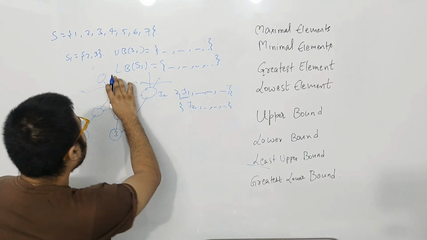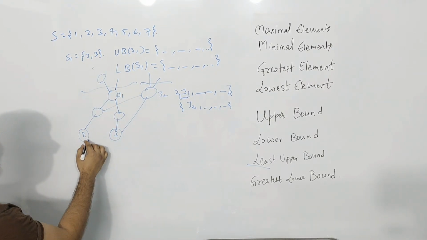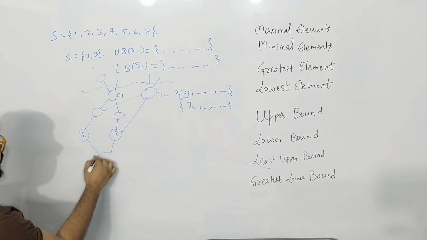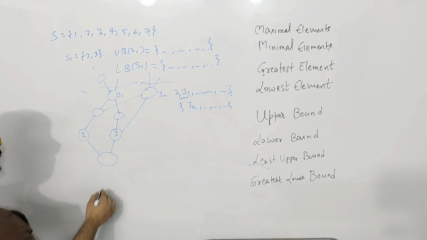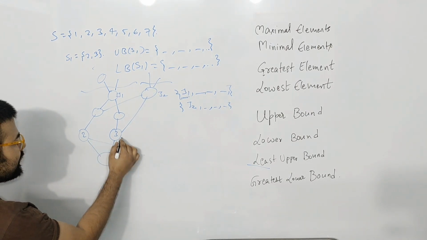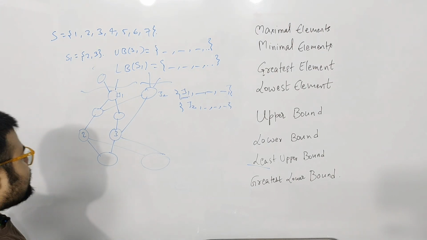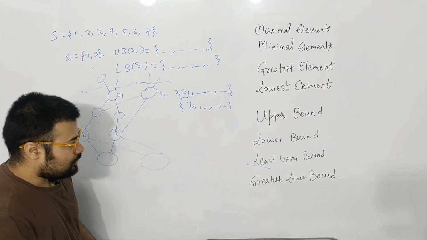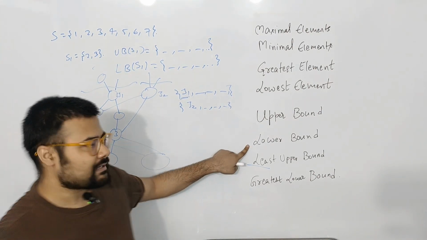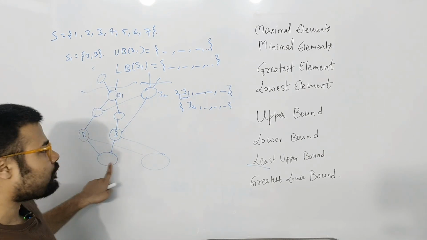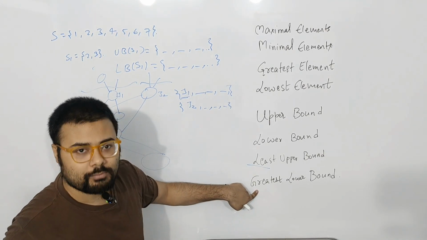If you want to find the lower bound of 2 and 3, let's say this is your first point of meet. In a similar manner, maybe there is some other point of meet. If there is no meet point, then the lower bound is empty. If there is a unique meet point, then that lower bound is the greatest lower bound.